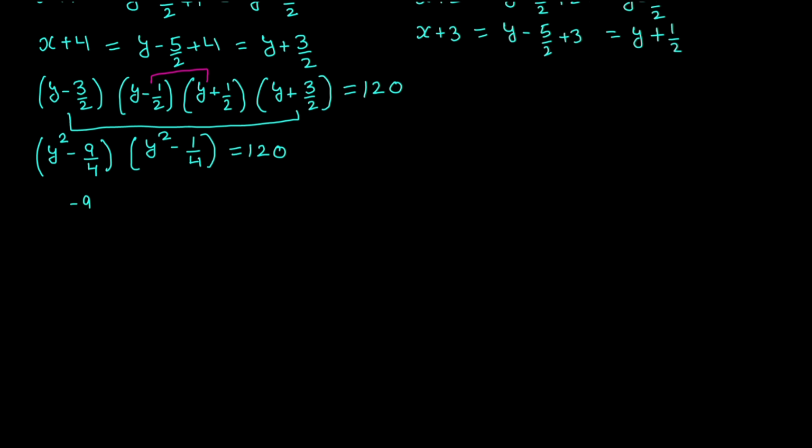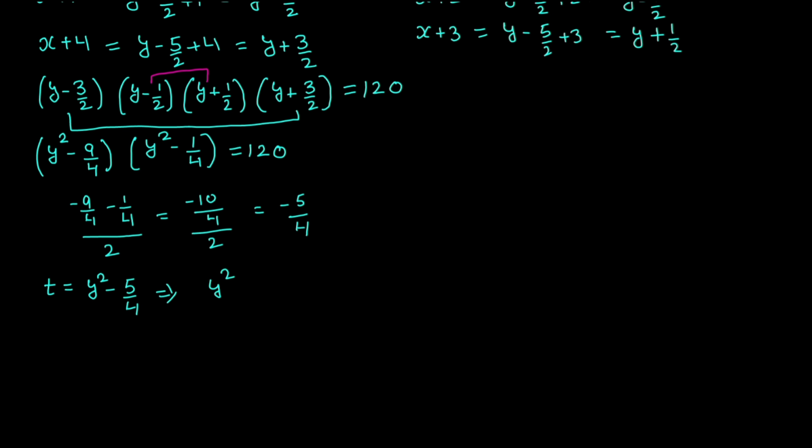Here we have the numbers minus 9 by 4 and minus 1 by 4. We find the mean of both numbers, which is equal to minus 10 by 4 whole divided by 2, which comes to be minus 5 by 4. So we do a substitution here: t is equal to y square minus 5 by 4, and from this we find the value of y square, which comes to be t plus 5 by 4.